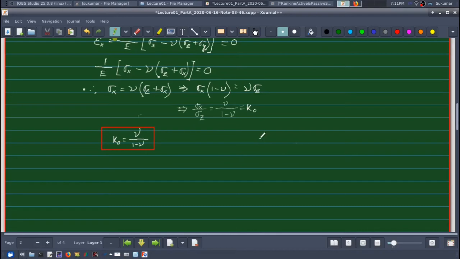So next we are discussing empirical relations for K0 value.